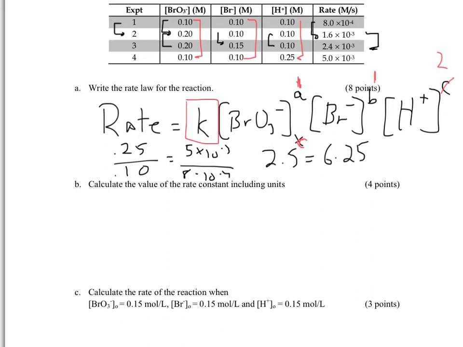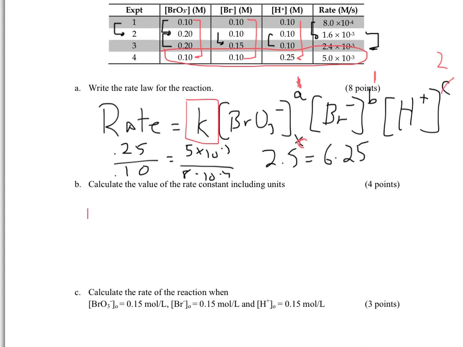And so now we just take values from one of the experiments. And so if we take the values from experiment number 4, plug in 0.1 to the first power, 0.1 to the first power, and 0.25 to the second power, and then we have the rate is 5 times 10 to the minus 3.